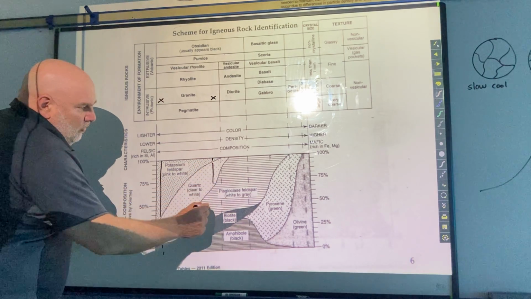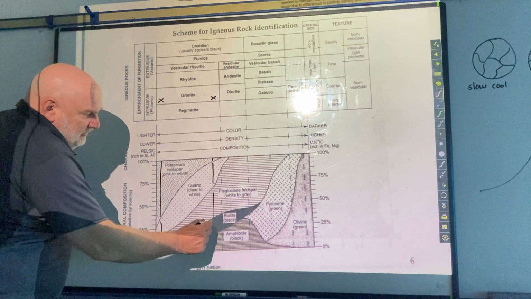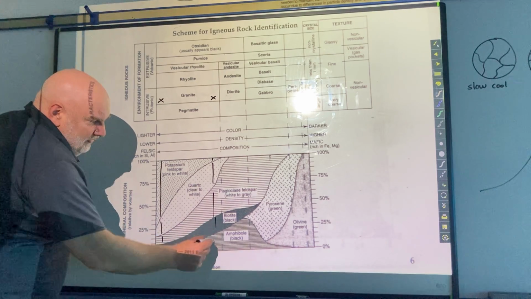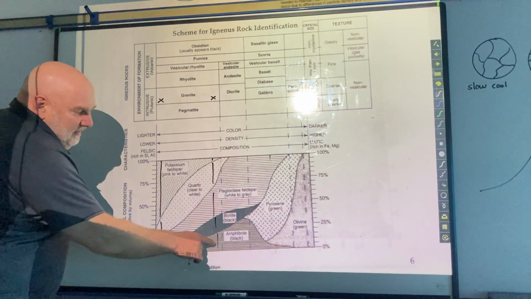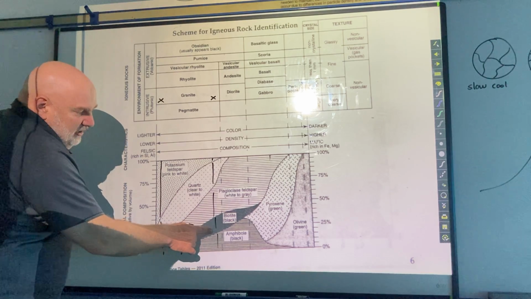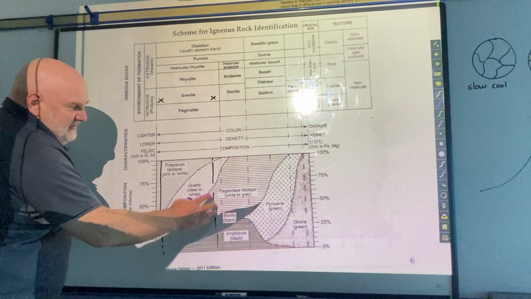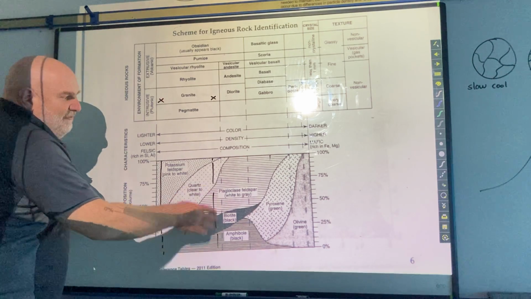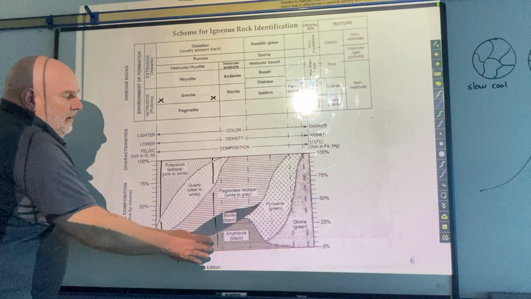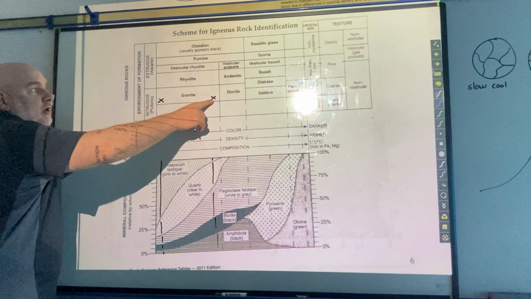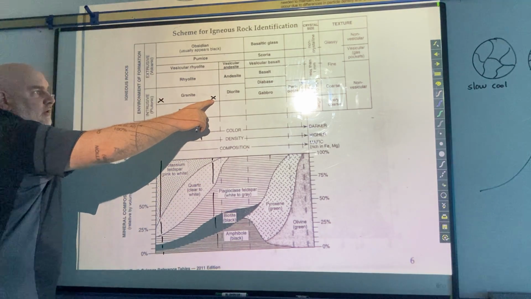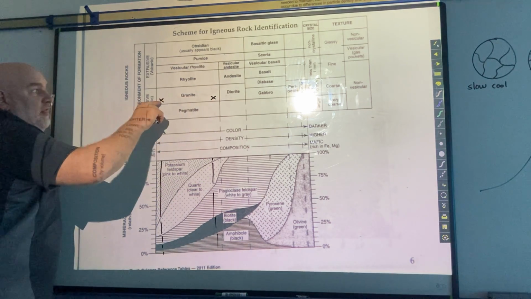It's going to have a lot of quartz, a lot of plagioclase, a lot of biotite, and a lot of amphibole. These two minerals are usually black in color. This is white to gray. So this is going to be almost half black colored minerals, so it would be a much darker version of granite than that one.